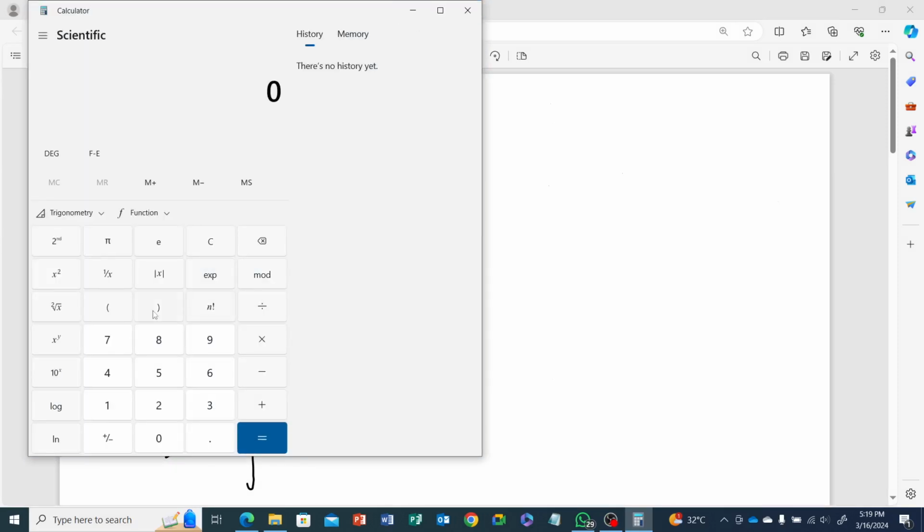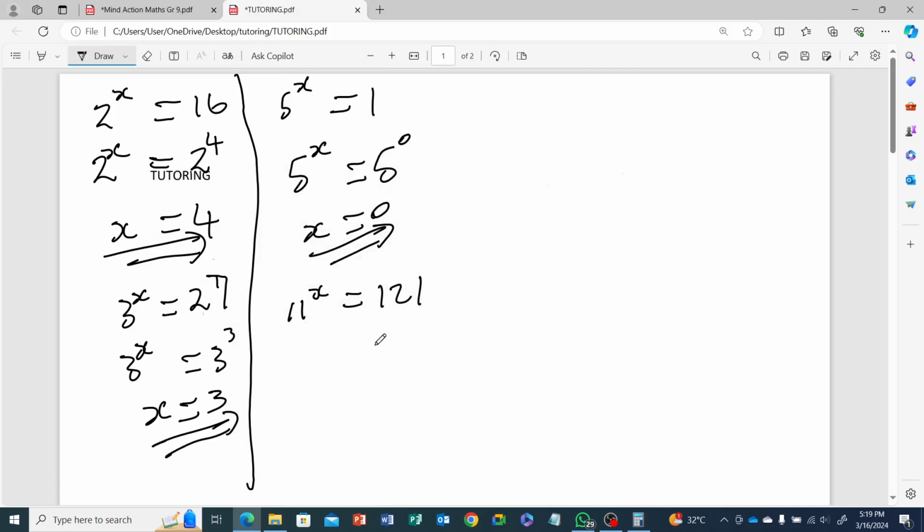Say 11 multiplied by 11, then we hit equals, we get 121, so we remove it, meaning that we can replace 121 by 11 squared. So 11 to the power of x is equal to 11 squared. Now we have the common base, so x is equal to 2. Make sense? Good.